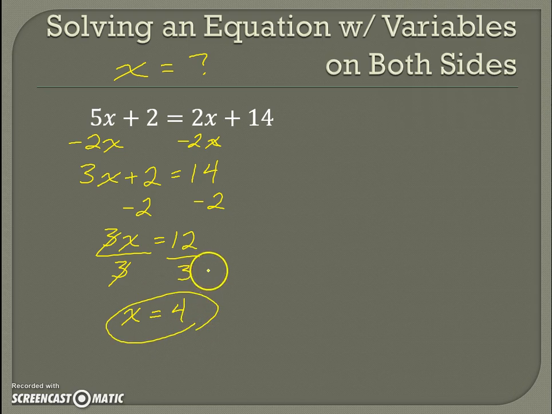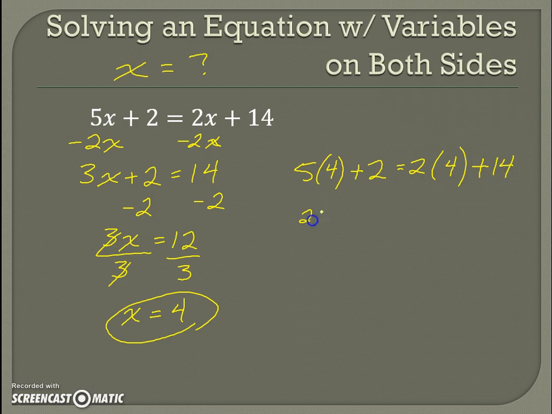Now for the sake of time, I'm not going to do this. Actually, I will, just this one time. You should always substitute these back in and see if they work. So I want to know, does 5 times 4, instead of x I write 4, plus 2, equal 2 times 4 plus 14?